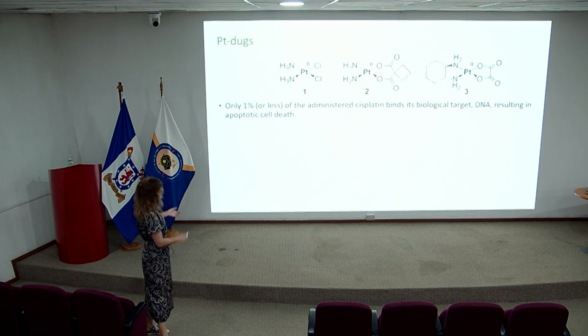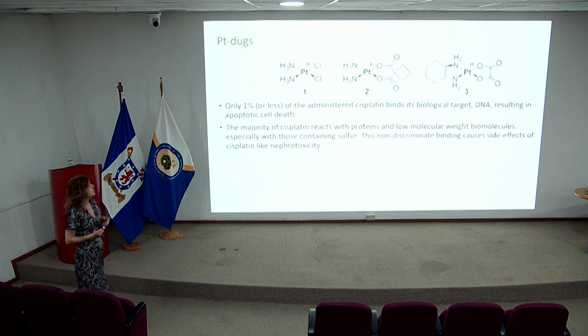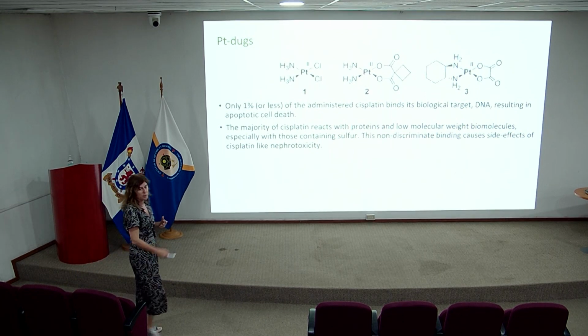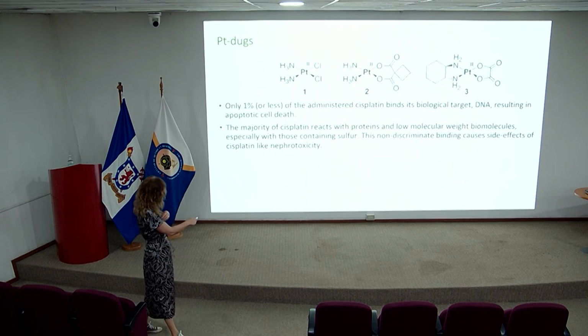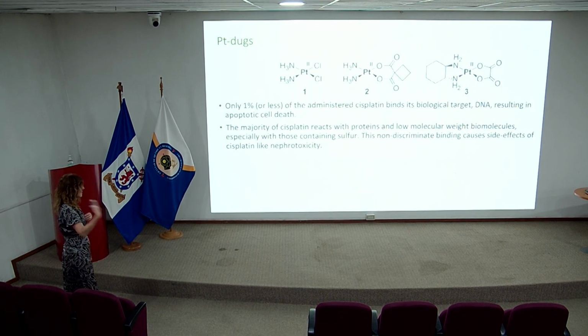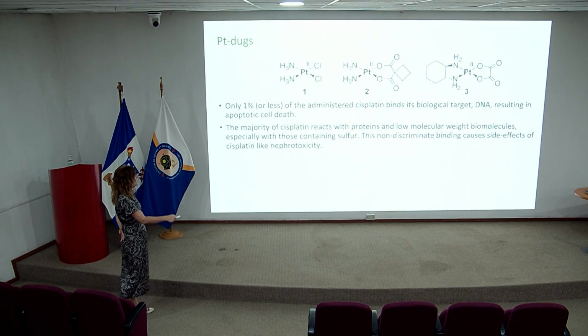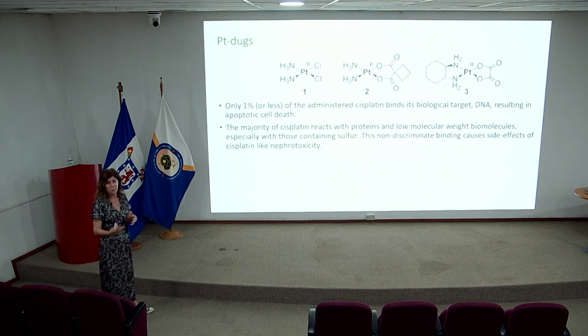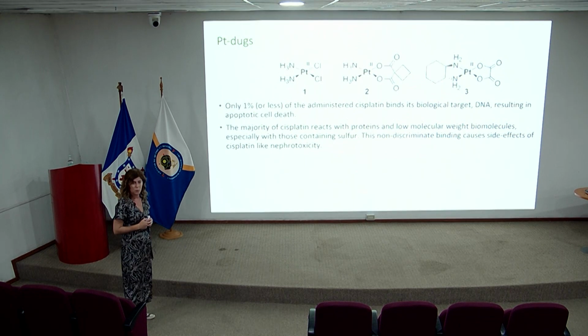But only 1% goes to DNA. Most of it binds to proteins and low molecular weight biomolecules, especially those containing sulfur, like glutathione and so on. And it is this non-discriminative binding that leads to side effects like nephrotoxicity.